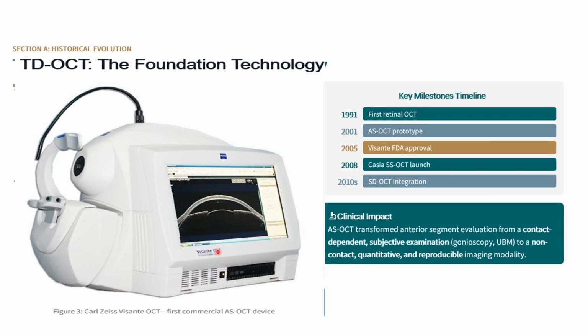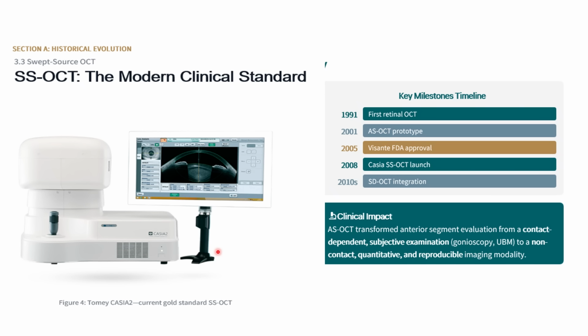And then a final revolution happened, with the incorporation of the swept source OCT around 2008 by Casia from the Tomey company. So these are the important milestones in the evolution of this technology and the changes in the wavelength of the light source and the bandwidth used in this technique, reaching very high axial resolution along with lateral or transverse resolution.